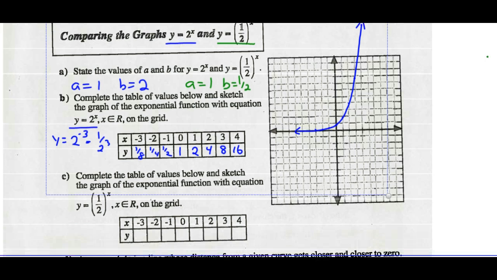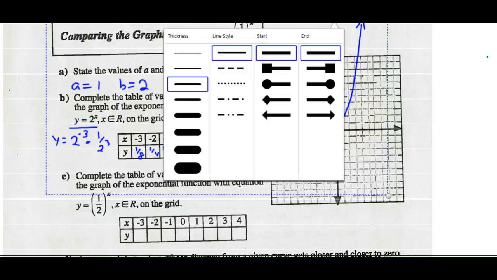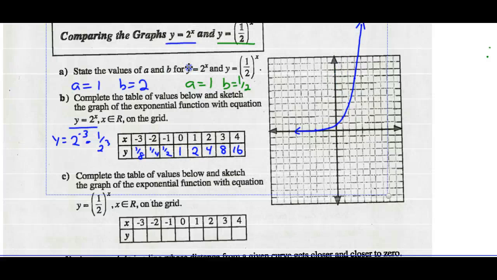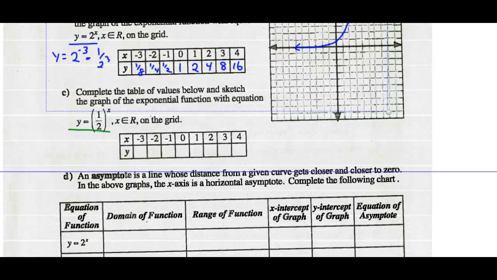Complete the table of values for the graph of y = (1/2) to the x, where x is any real number, and sketch it on the grid. So let's do the same thing for y = (1/2) to the exponent x. When x is -3, we get y = (1/2) to the exponent -3. That negative exponent becomes positive if I take the reciprocal of my base and make the exponent positive.